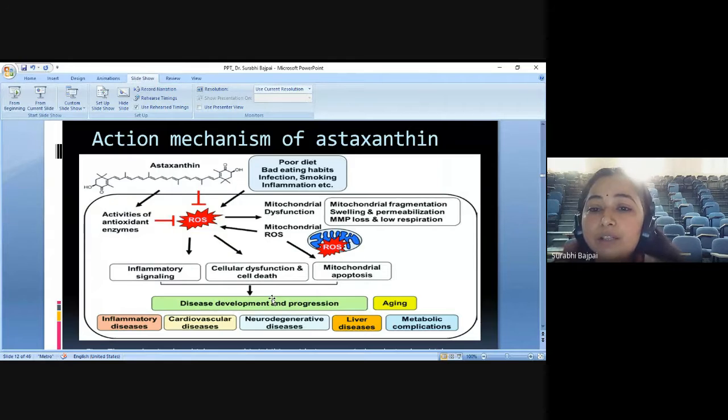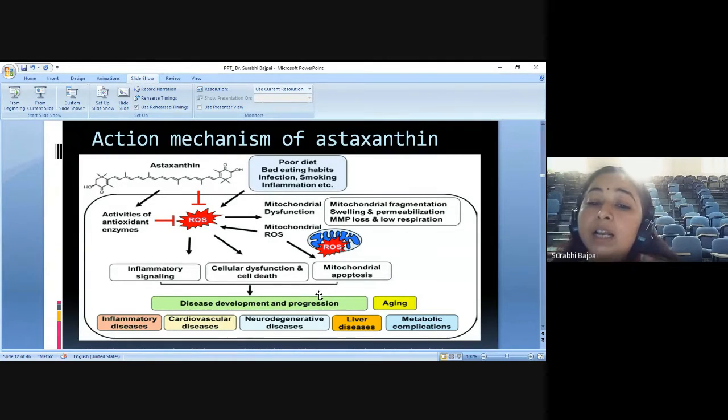So the action mechanism of astaxanthin is that it inhibits ROS, and ROS is very importantly involved in mitochondrial dysfunction, which we are going to talk about in this particular study. Mitochondrial dysfunction is associated with ROS generation, and it is a remarkable feature of diabetic neuropathy pathogenesis. ROS often leads to inflammatory signaling, cellular dysfunction and cell death, and sometimes even mitochondrial apoptosis, which leads to disease development and progression.